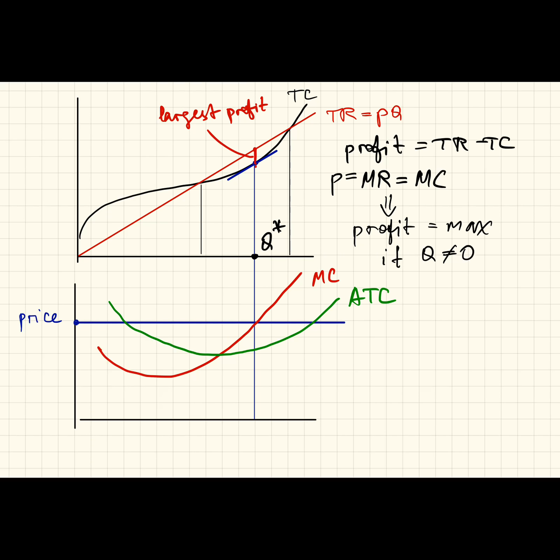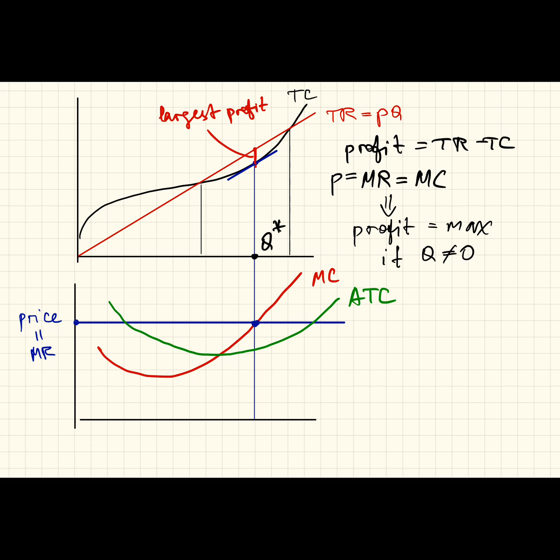The fact that the slope of this curve matches the slope of this line pretty much shows here as the intersection of the price curve, because it's the same as marginal revenue, and the marginal cost curve. So when they meet, it actually means that, yeah, the slopes of these two curves on this diagram match.